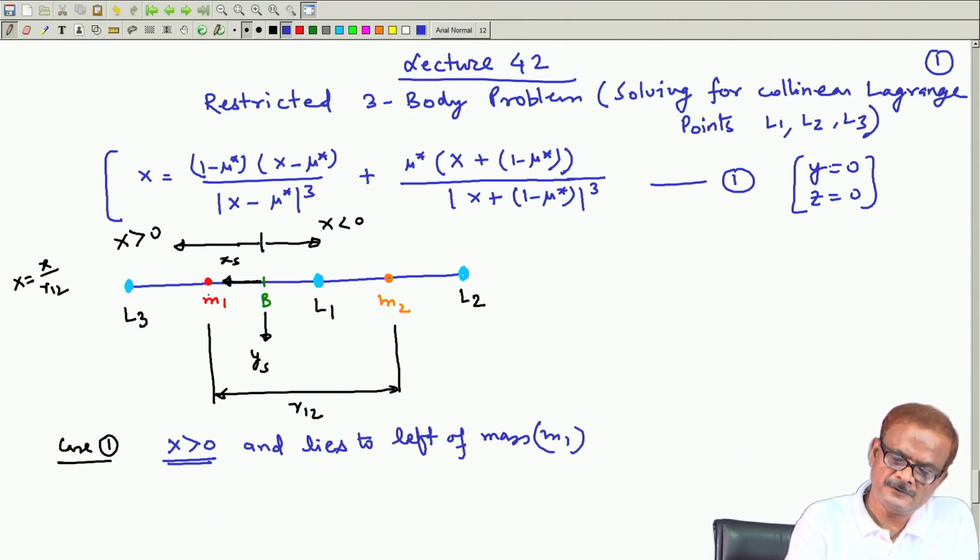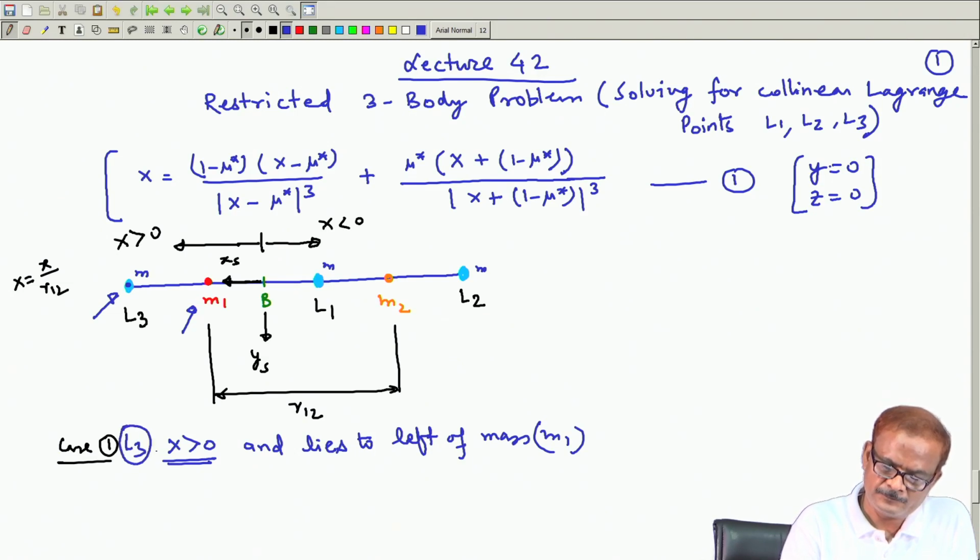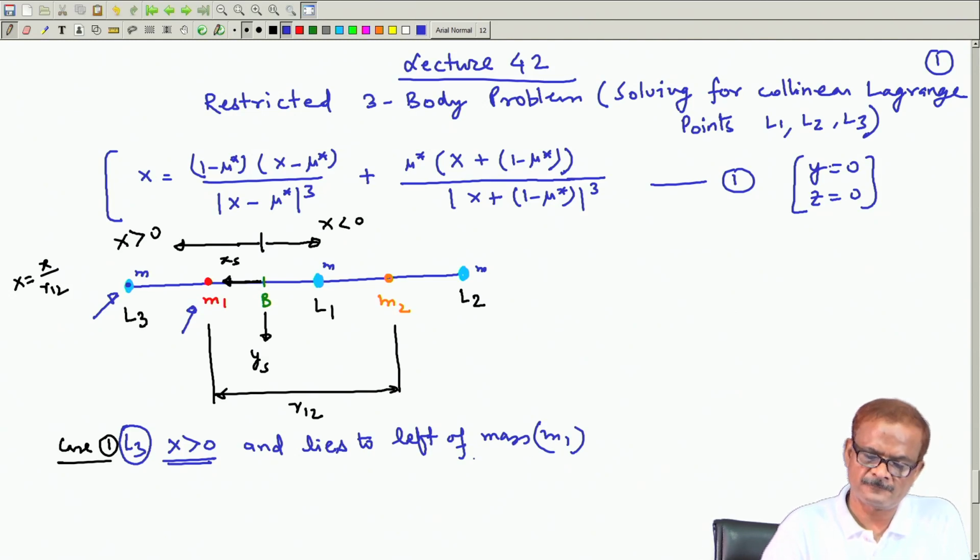This is the mass m 1 here in this place, and the smaller mass m is either lying here, or here. So, we are considering the first case, which is corresponding to L 3. So, x is greater than 0 and lies to the left of mass m 1.